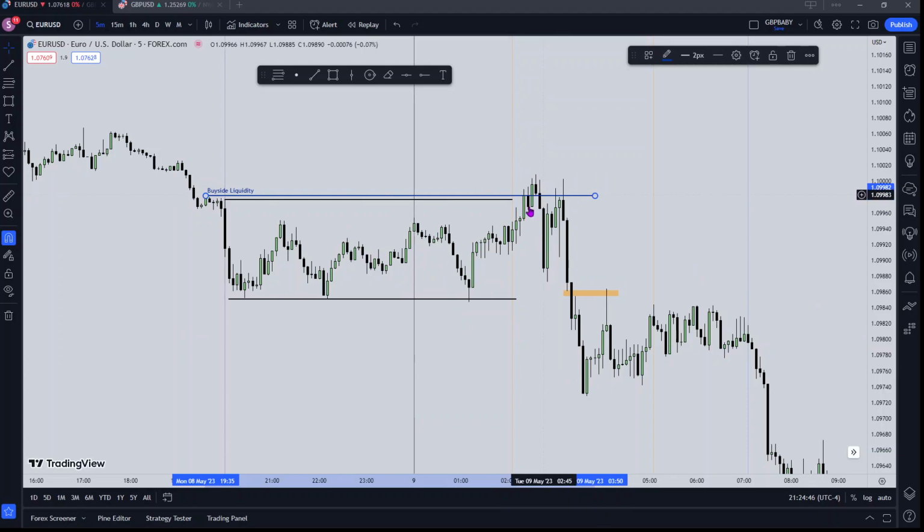See how we ran this buy side liquidity. As soon as we tipped above it, we left it, kissed it, left it.